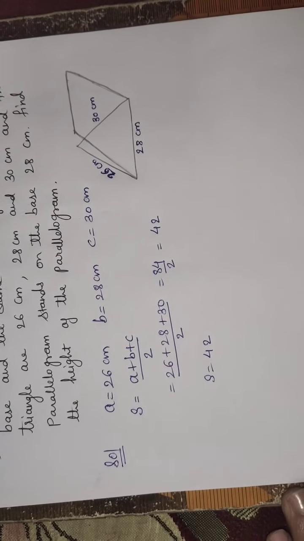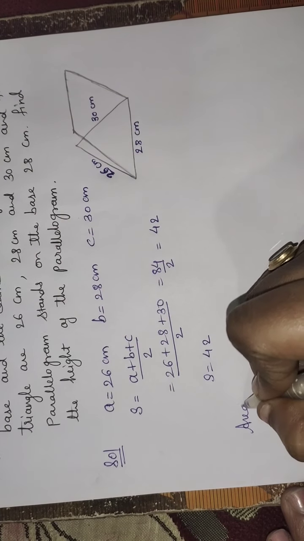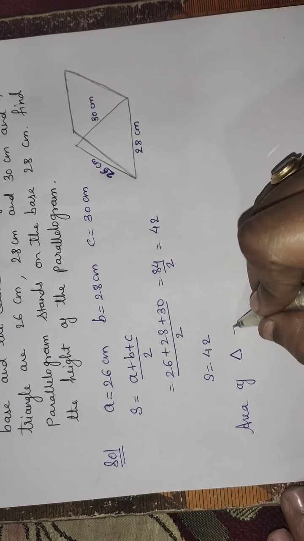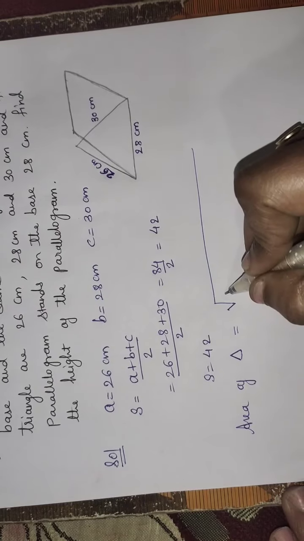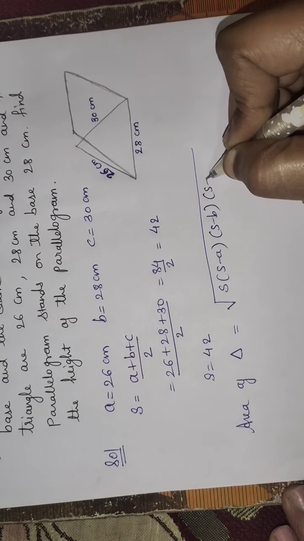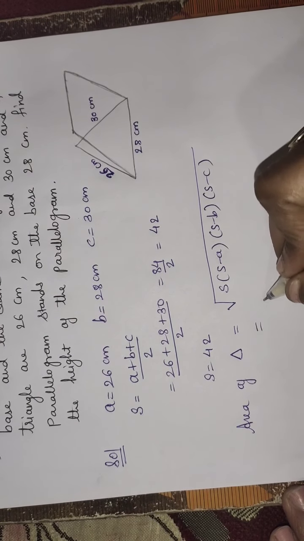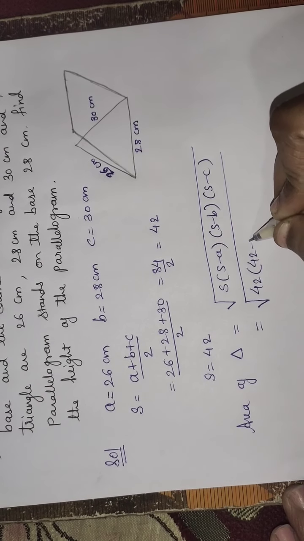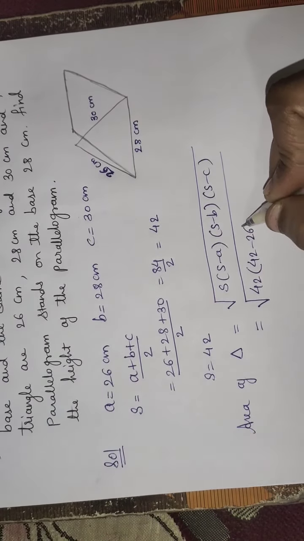Now we will apply Heron's formula for finding the area of the triangle. The area of the triangle is equal to under root s into s minus a, s minus b and s minus c. Put the values: under root 42 into 42 minus 26, 42 minus 28, and 42 minus 30, the third side.